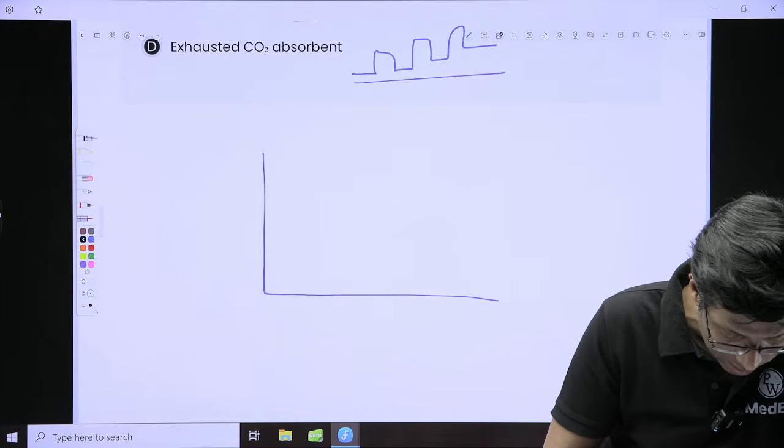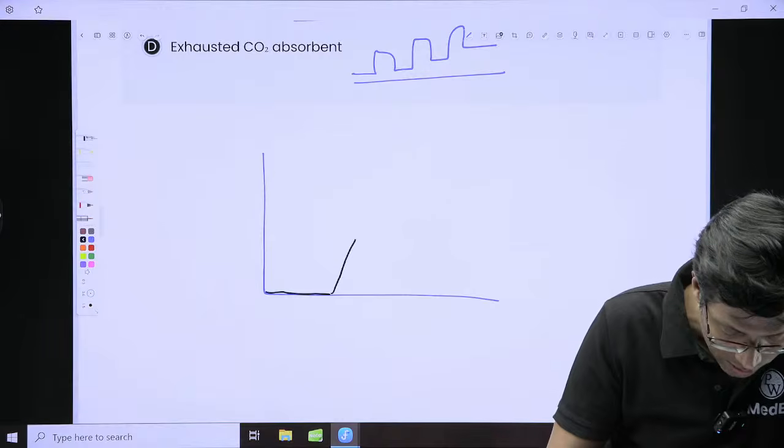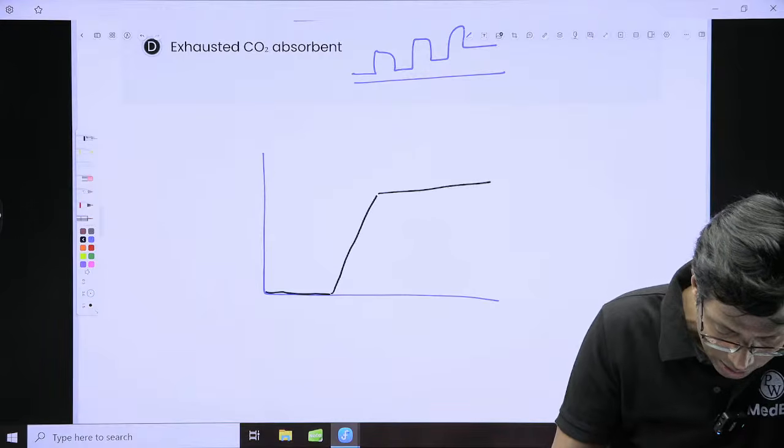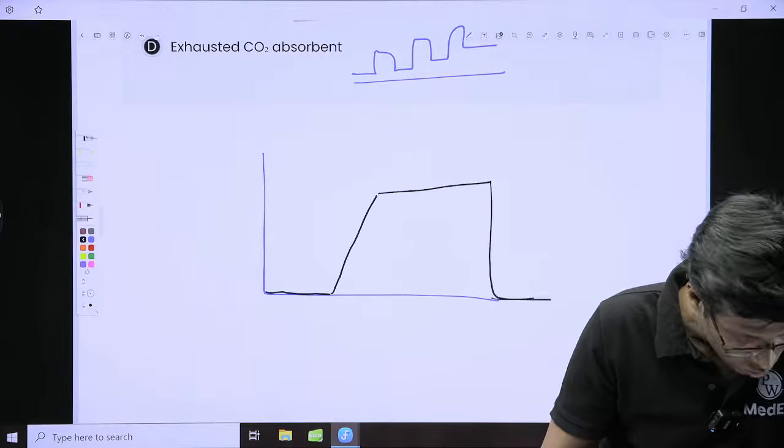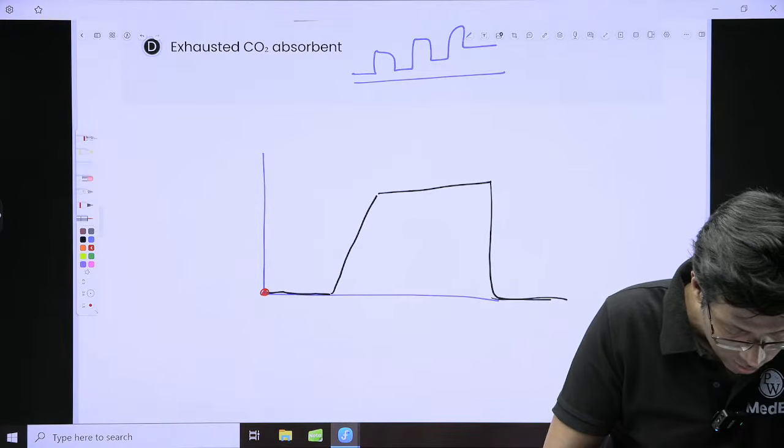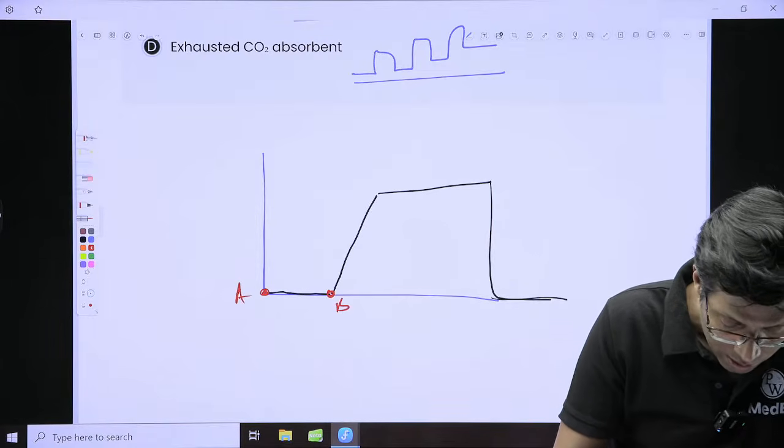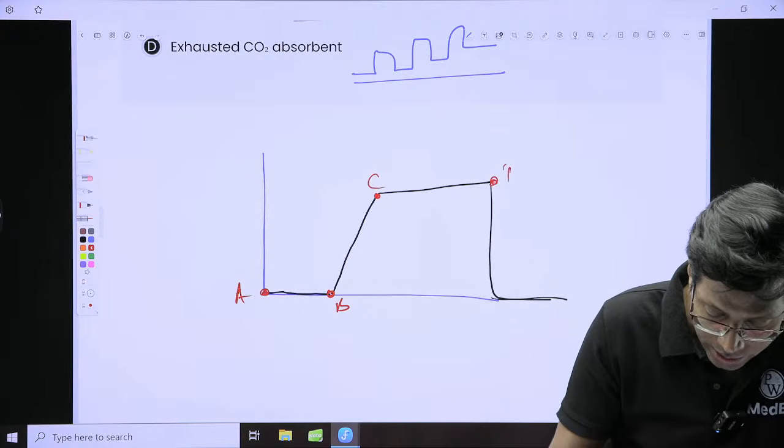This graph will start like this. From here, it goes slightly here, slightly up here, and then goes down. So these are the points which we get to see. This is point A, this is point B, this is point C, this is point D, and this is point E.